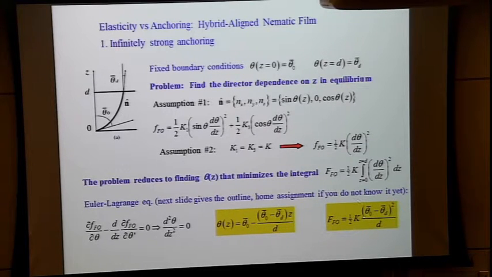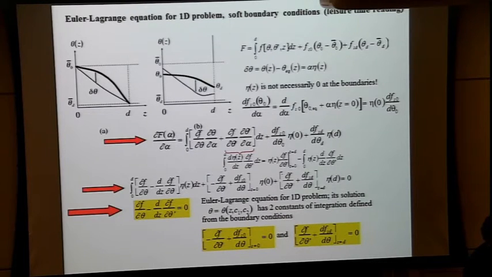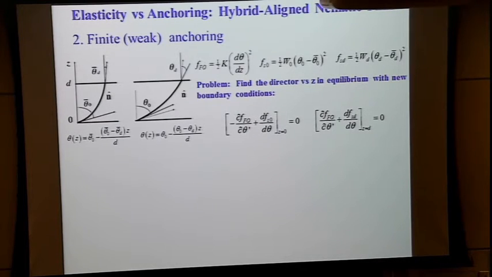Now you plug this back into the free energy integral, and you get the free energy of these distortions that is quadratic in the difference between the orientation on top and bottom divided by the thickness of the cell of the film. So now this is the home assignment for those of you who don't remember the Euler-Lagrange equation.